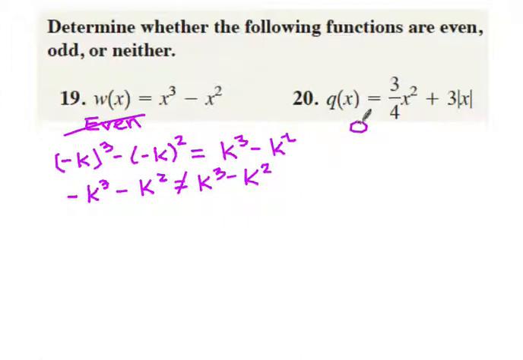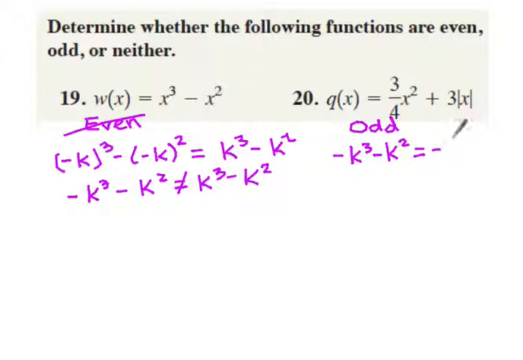Okay, so now to check if it's an odd function, we want to know, does every negative x go to a negative y? So you already found negative x. This is our negative x. So is negative k cubed minus k squared the same as the negative y?